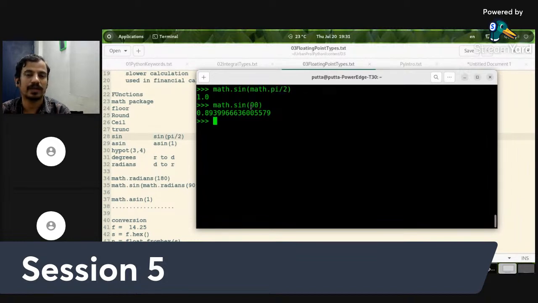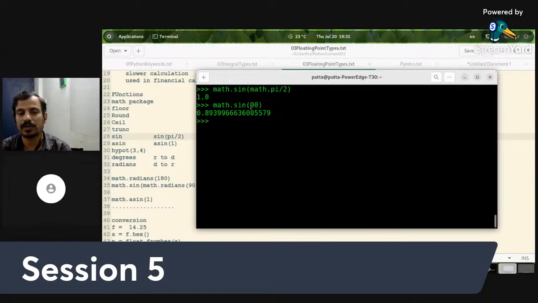Got it? Yes, sir. So whenever you want to calculate the sine of an angle, the parameter to the sine should be in radians and not degrees.